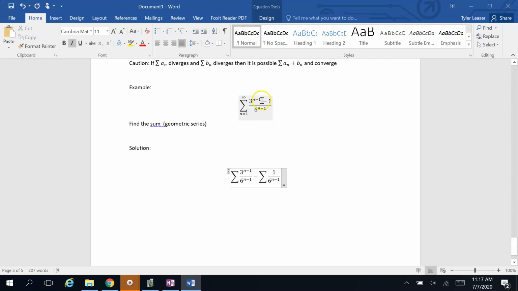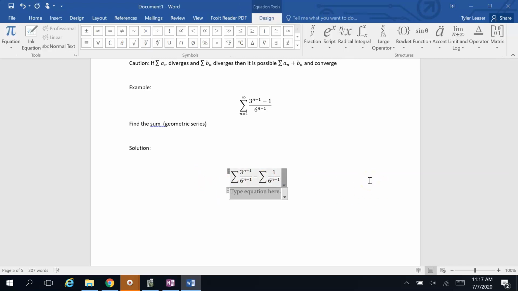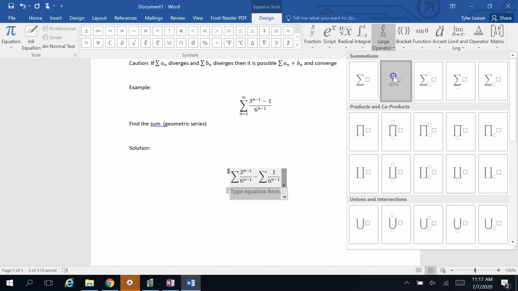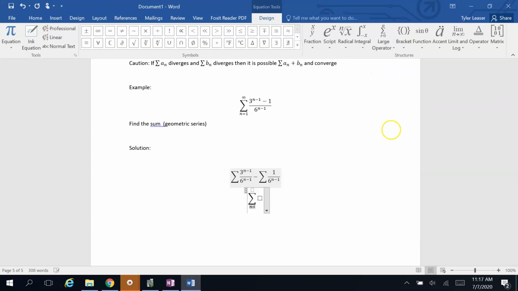All right, so we're just breaking up this infinite series. Instead of looking at it as one big fraction, we're separating it out into the two separate fractions. And now we want these to be individual geometric series, and they are. So both of these are going to be going from n equals 1 to infinity. When you take 3 to the n minus 1 divided by 6 to the n minus 1, because these are both to the same exponent, I can combine them together internally.